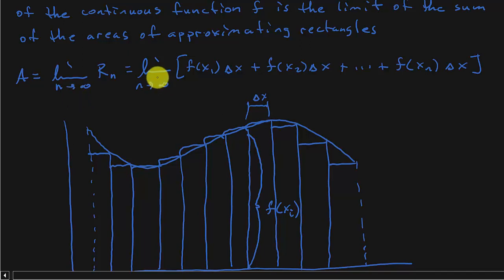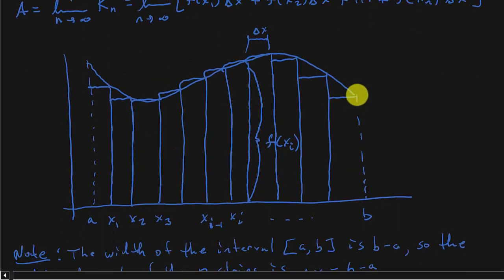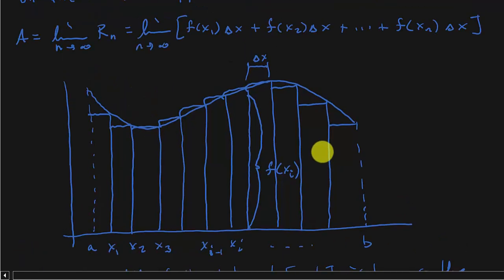And all that is the limit as n goes to infinity of f of x1 times delta x. Isn't that what we did? See how it's using the right endpoints here? And look at that. What's this y value right here? You take this x value and plug it into the function.